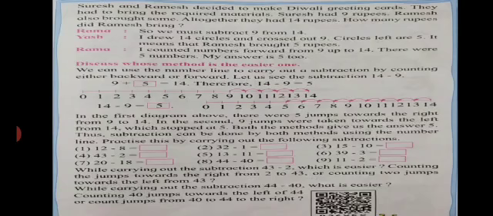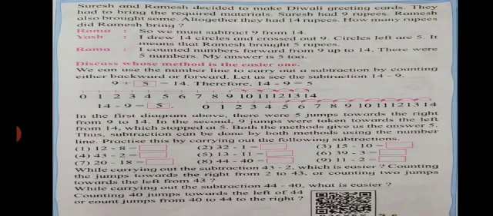Rama, I counted numbers forward from 9 up to 14. There were 5 numbers. My answer is 5 too. Now we'll see whose method was the easier one. We can use the number line to carry out a subtraction by counting either backward or forward.